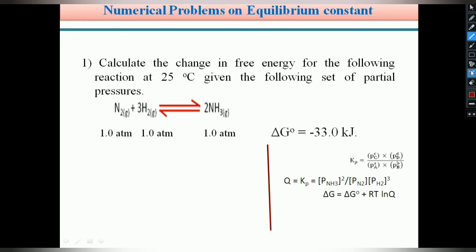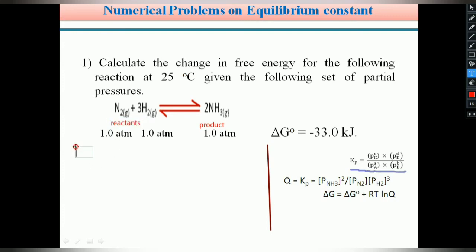The equilibrium constant in terms of partial pressure, Kp, equals the pressure of products by the pressure of reactants. Similarly, for a reversible equilibrium reaction, Q equals partial pressure of ammonia by partial pressure of N2 into partial pressure of H2, because here NH3 is our product, and nitrogen and hydrogen are our reactants.